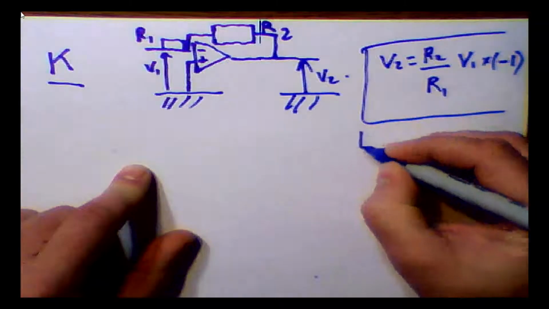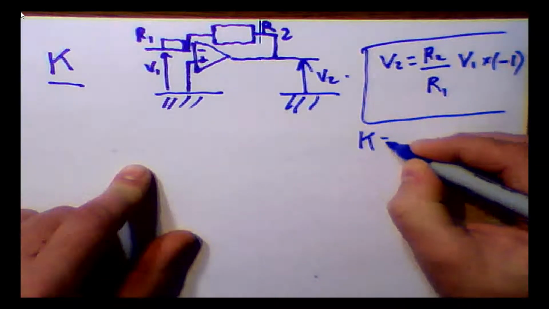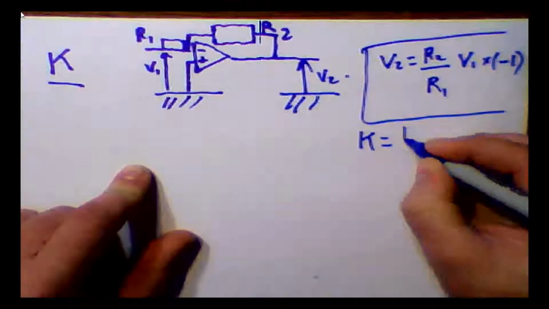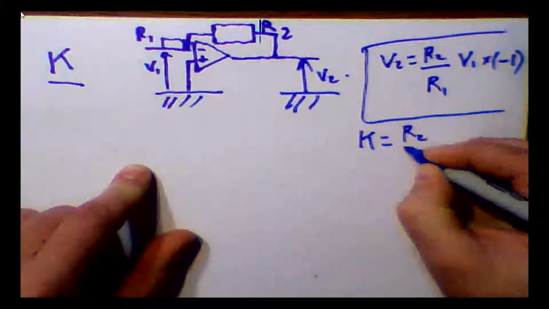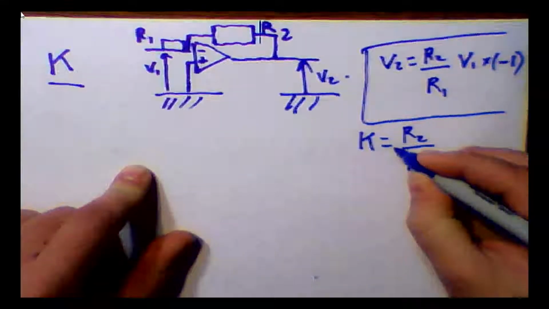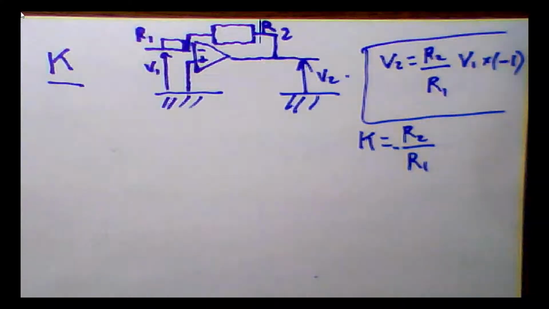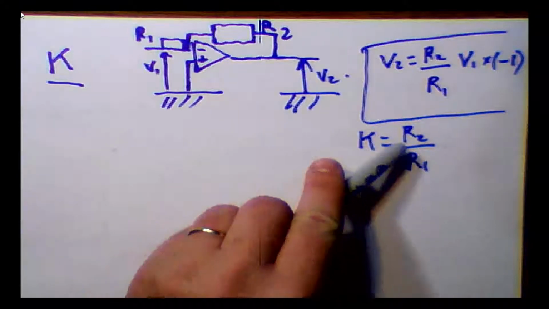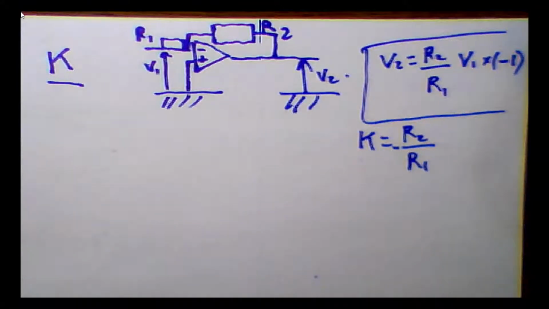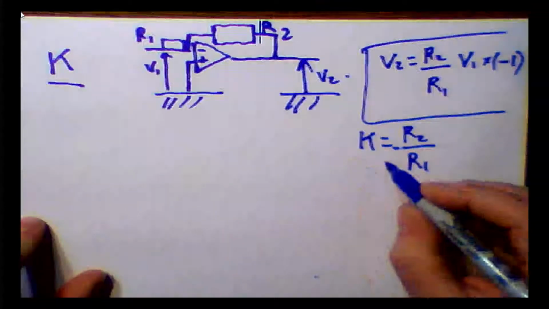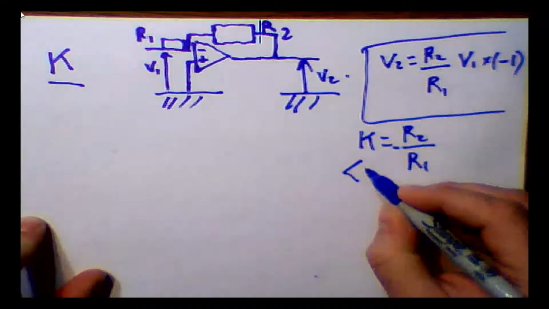So with K equal to R2 over R1 with a minus sign in front of it, we can replicate any K provided that we have lots of flexibility, which we do, with the resistors. Let me add, however, that this kind of K is negative.